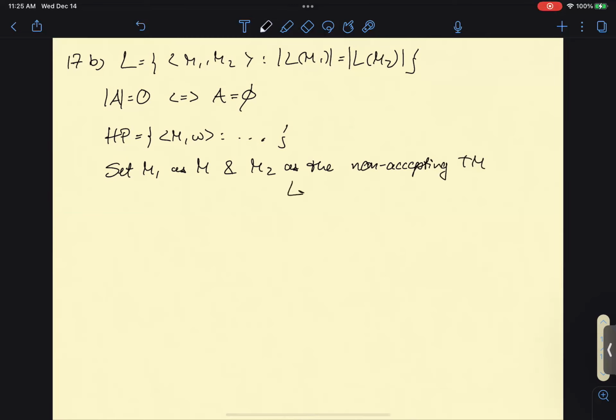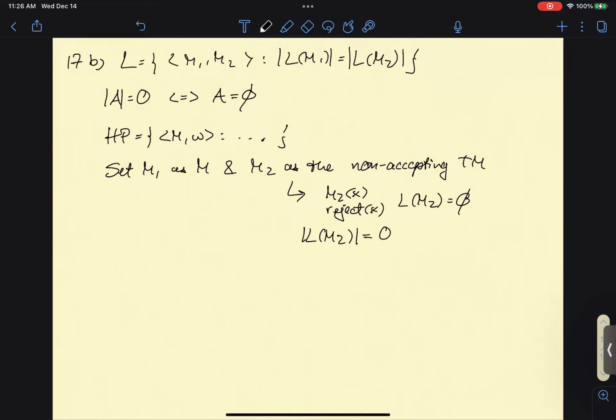So what I mean by that is M2 is something like X and then reject X. Right. So what is the language accepted by M2? Go on. Empty, very good. Okay. So that means that L of M2 is equal to the empty set, right?